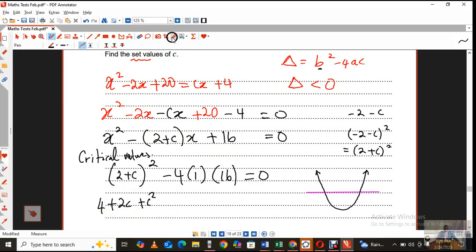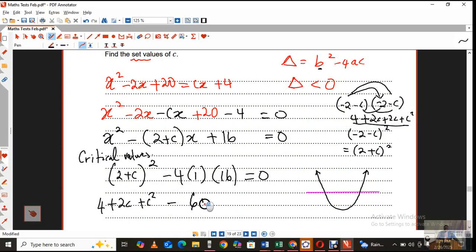Just for some of you who might not see that, even if I was to put this minus and minus, I would be having minus 2 minus c times minus 2 minus c. And negative times a negative is positive. Negative times that is positive 2c. Negative times that, positive 2c. Negative times negative, plus c squared. So that is going to give you the same outcome as I have here. Anyway, doesn't matter. You get the idea.